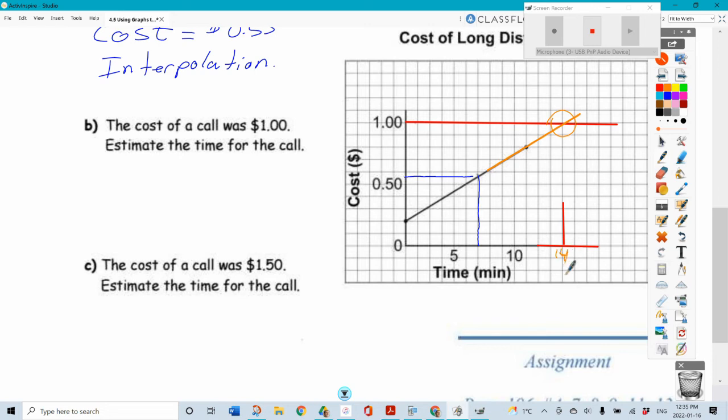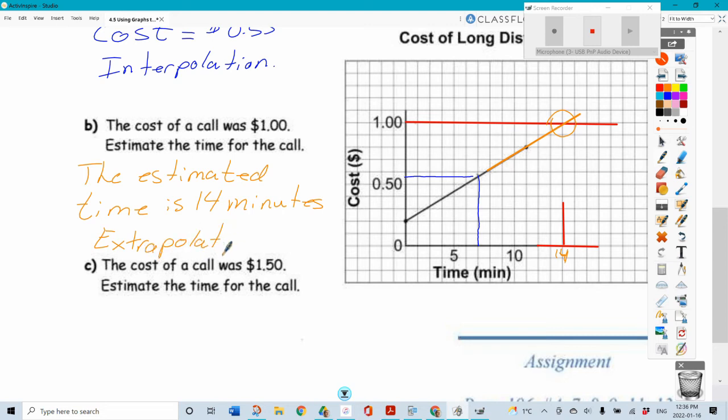So I know that for a $1 call, the estimated time is 14 minutes, and this is by extrapolation, because my data is outside what I already knew.